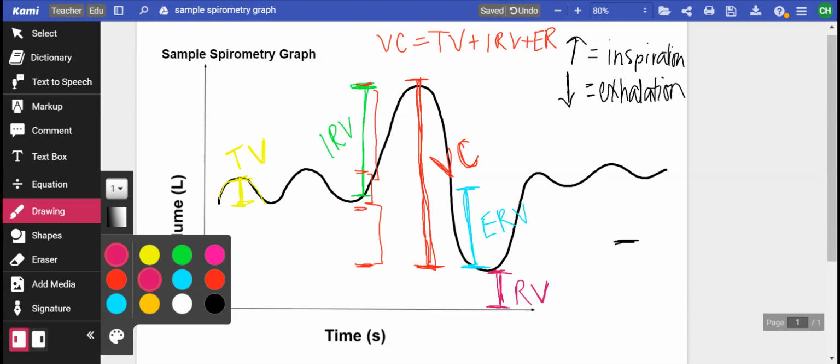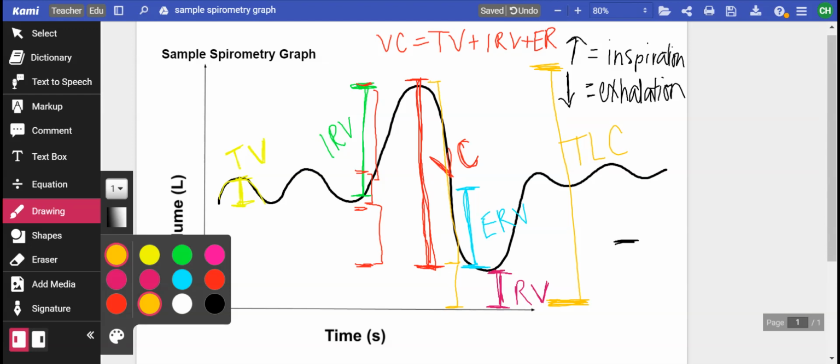Okay, so then the last measurement that I wanted to talk about was this thing called the total lung capacity. You can kind of guess what that's going to be. Total lung capacity, TLC. That is when we take the vital capacity here plus the residual volume to see what the total capacity of the lungs is when we're talking about the functional part of the volume of the lungs, but also the part that's left over.